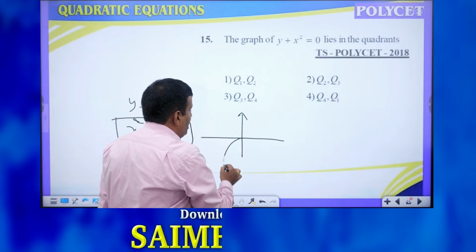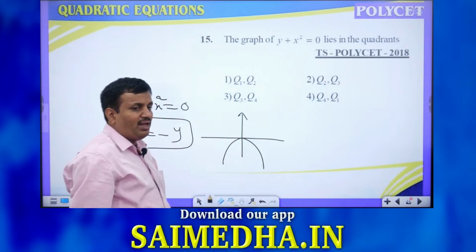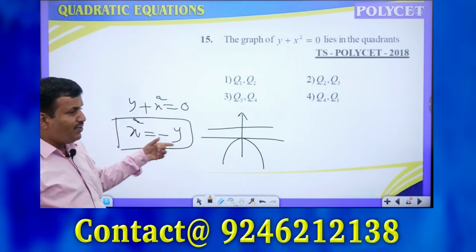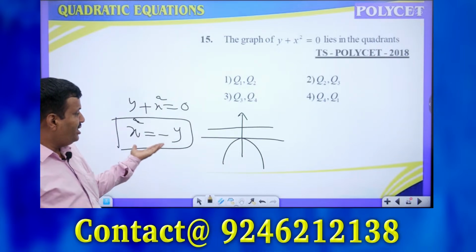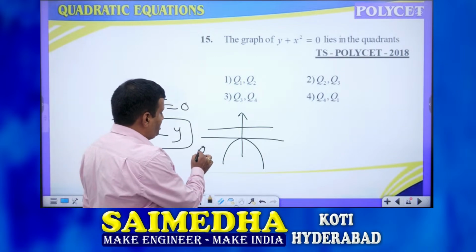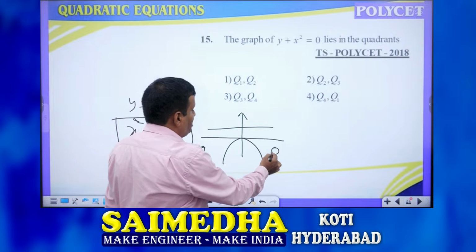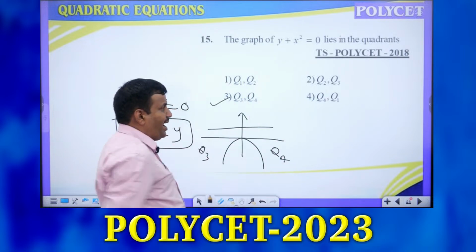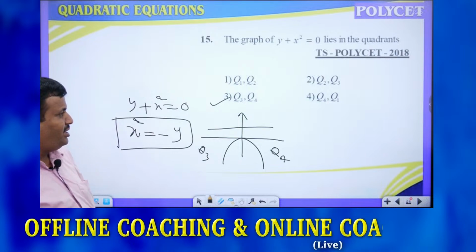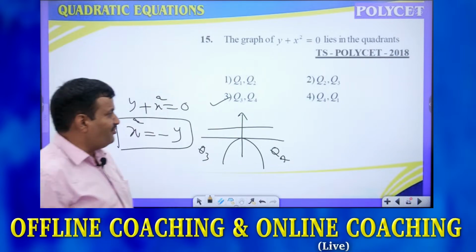It is a downward parabola. So x square equal to plus y is upward, and x square equal to minus y is downward. Downward covers which quadrant? The third quadrant and the fourth quadrant. Q3 and Q4: third and fourth quadrant is the correct answer.